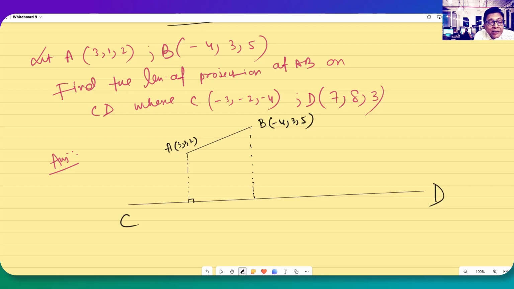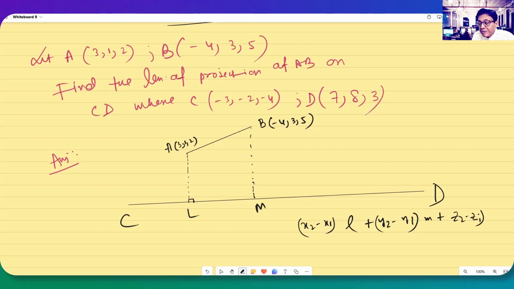You got the formula here. I am just showing you. This is the length of projection, and the formula is x2 minus x1 into L plus y2 minus y1 into M plus z2 minus z1 into N. Isn't it? Because AB vector we can find now using this thing. This is the formula for length of projection, that is LM. This is length of projection. But what is x2 minus x1 here?